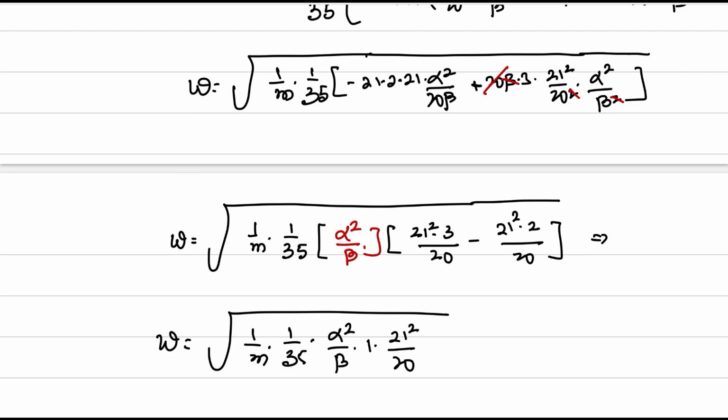21 square, how we can write? Let us write like this: 21 into 21. Now, 7 5s are 35, 7 3s are 21. That means it will be square root of 1 by m into 63 alpha square by 100 beta.